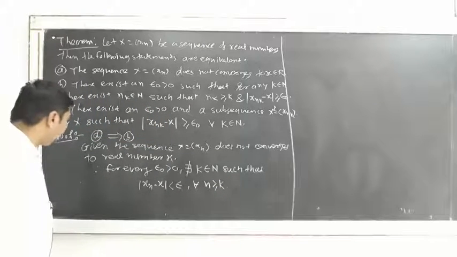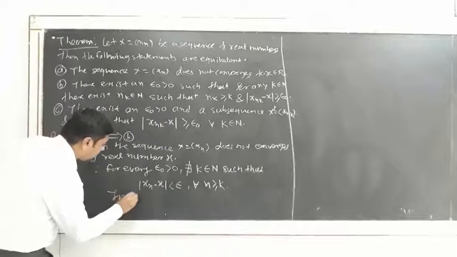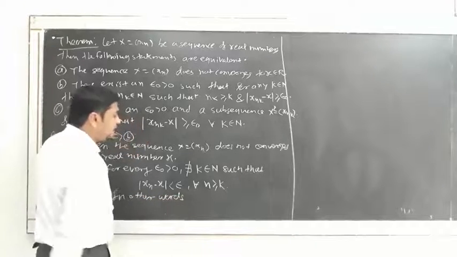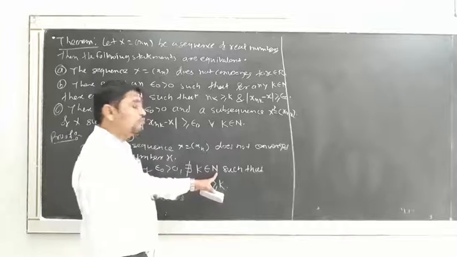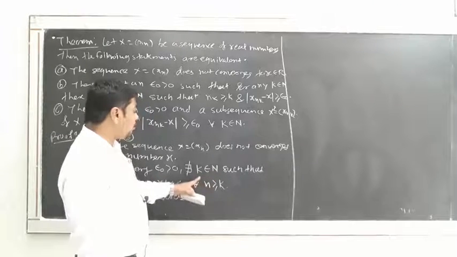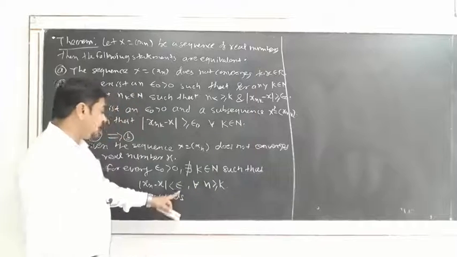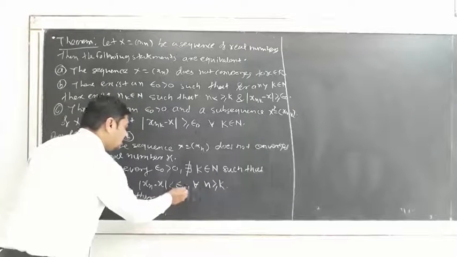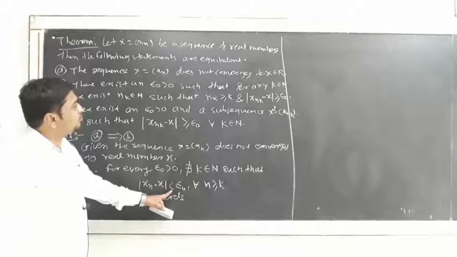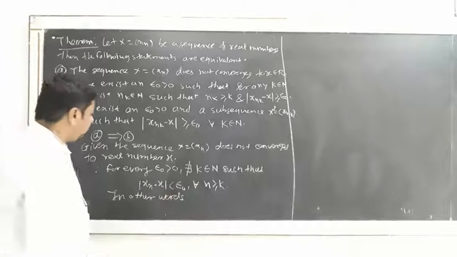In other words, we are not able to find such a K belonging to N. That means for every K there exists an n such that the modulus of xn minus x must be greater than or equal to epsilon 0.